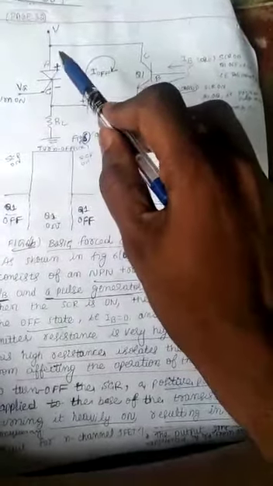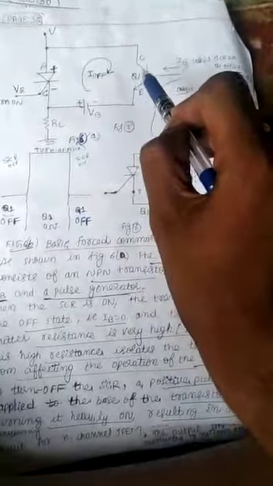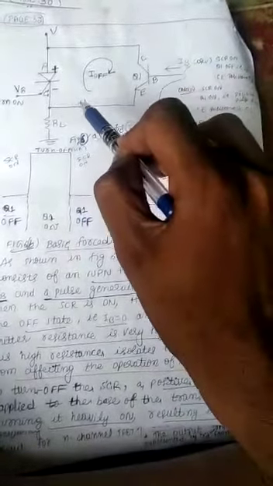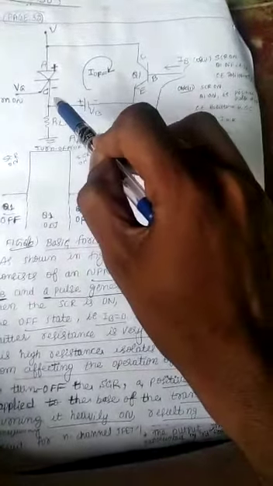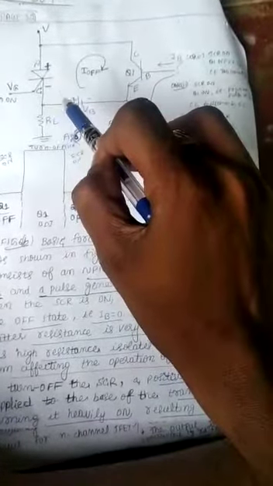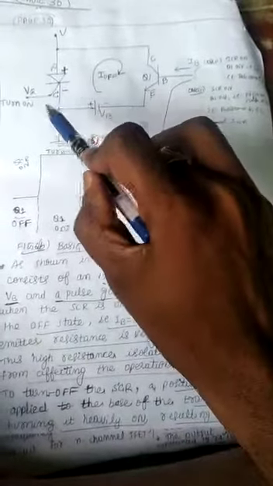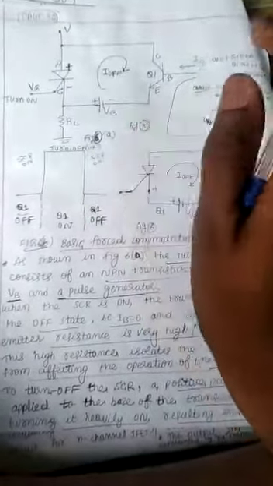Due to V, a current is flowing through the SCR. At the same time, when the transistor gets turned on, due to this voltage, some current will flow in this direction. Both the current directions are opposite to each other, so they will get cancelled. Therefore, your SCR will get turned off.